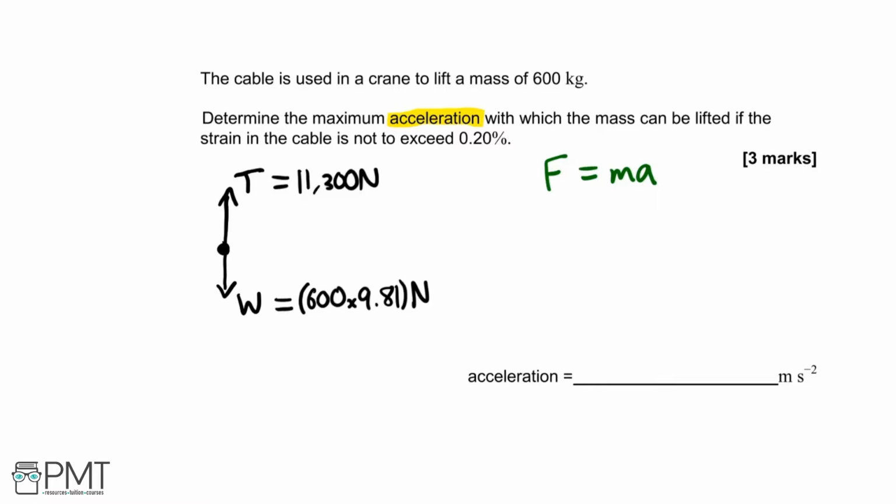If we rearrange this equation to make a the subject, we can then substitute in the fact that F is equal to T minus W, because T minus W would then be the difference between the two forces acting on that mass. And then it's just a case of correctly substituting in the values.